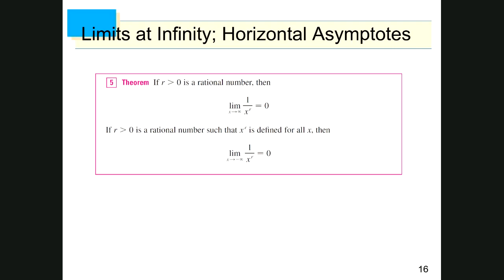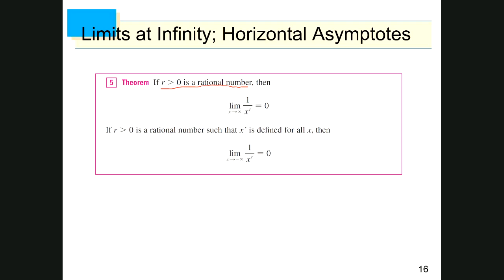Now, we say if r is greater than 0, so take note r there is that power of x. If r is greater than 0, it's a rational number. Remember, a rational number is a over b, where b is not equal to 0, so some fractions and so on. But take note, b, the bottom, cannot be equal to 0.